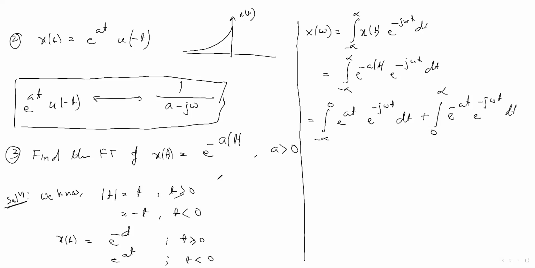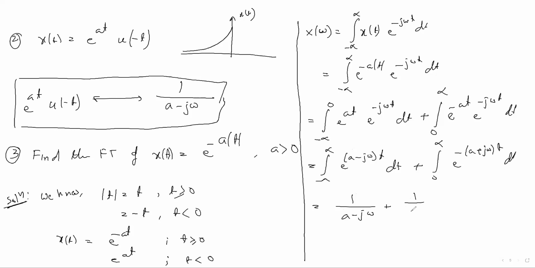If you proceed, minus infinity to 0 of e to the power (a minus j omega) t dt plus 0 to infinity of e to the power minus (a plus j omega) t dt. When you integrate and put the limits, you will find a minus j omega here and a plus j omega here, and ultimately you will find 2a by a square plus omega square. Okay. This is the thing.